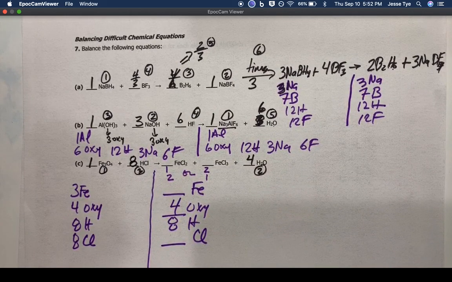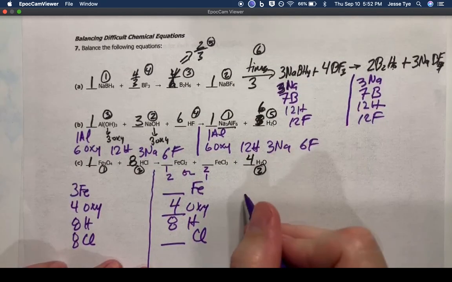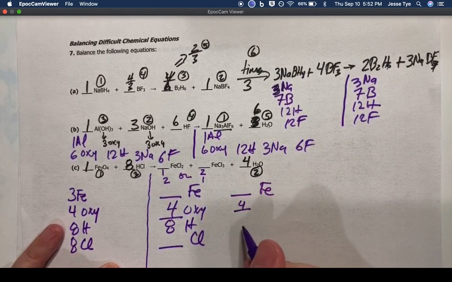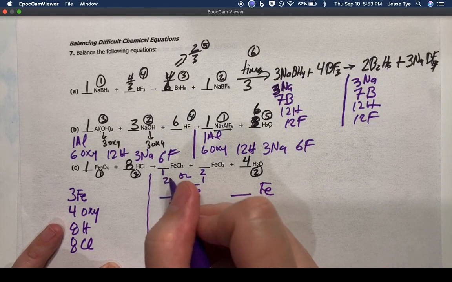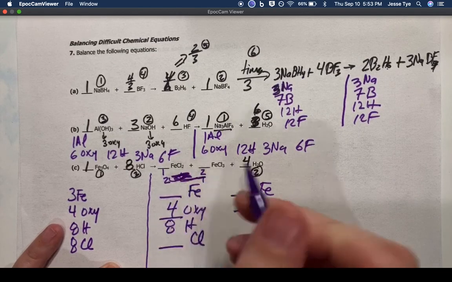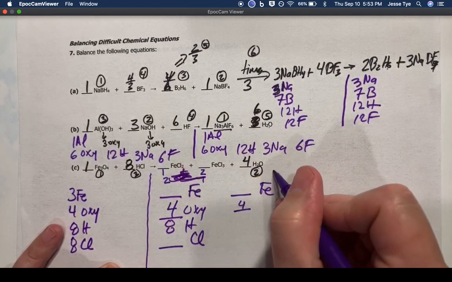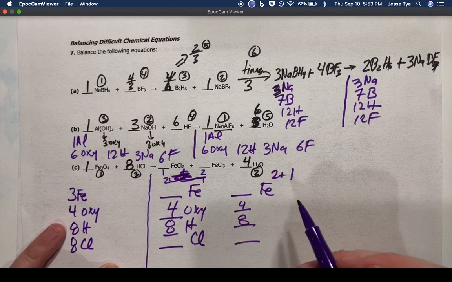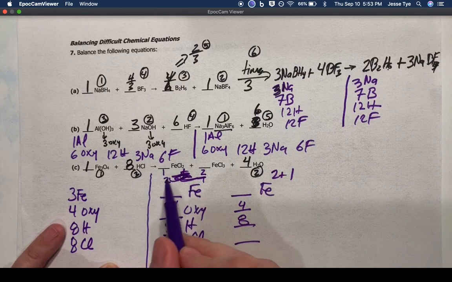Ooh, okay, so let's see how those 2 scenarios would play out. We'll do 1 and 2, and here we'll do 2 of those and 1 of those. This one is a beast, so if you're confused, you're in good company.